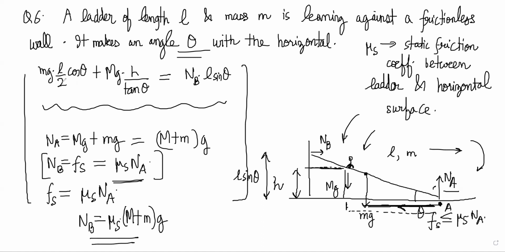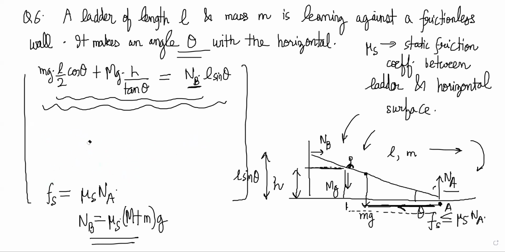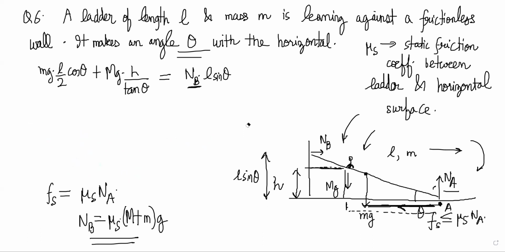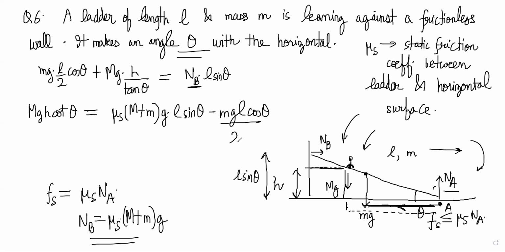And now here we will just solve this equation. We only have to put NB and we can find h in terms of the other variables, right? So how do I do that? Let's see. We will write this as capital M g h cot theta is equal to NB, which is mu s M plus m g L sine theta minus small m g L cos theta by 2, right?